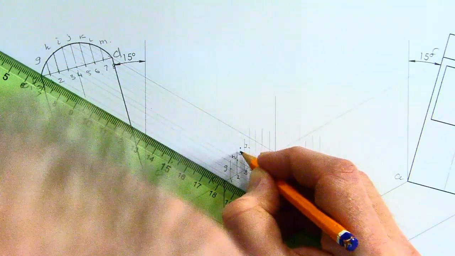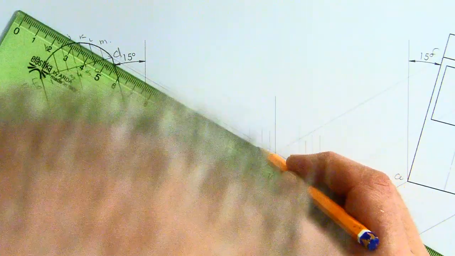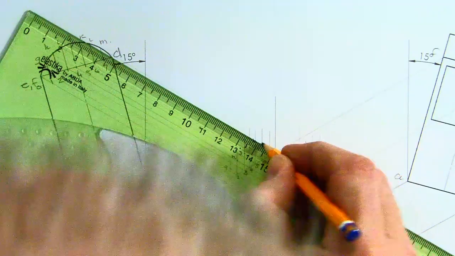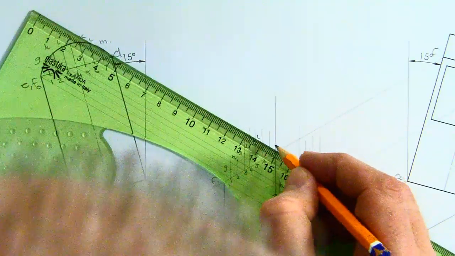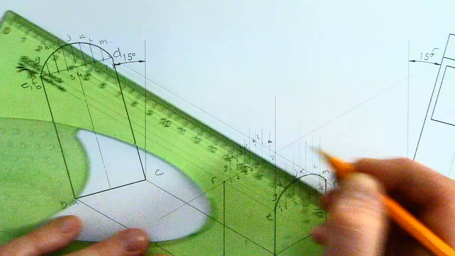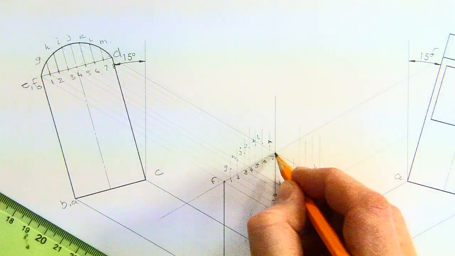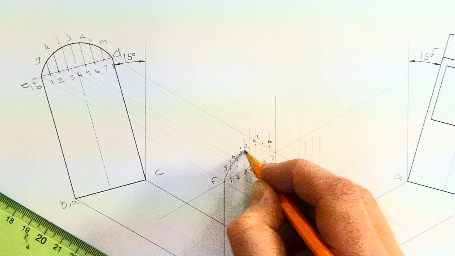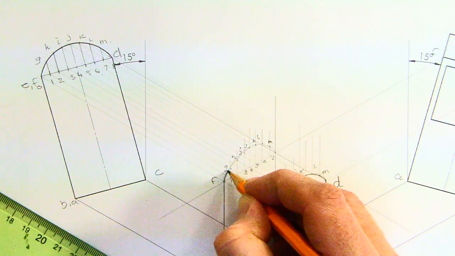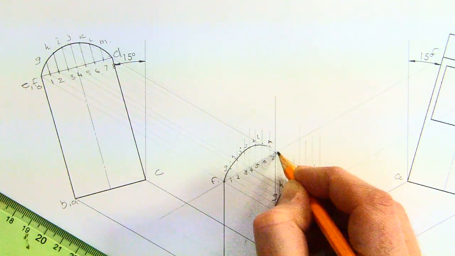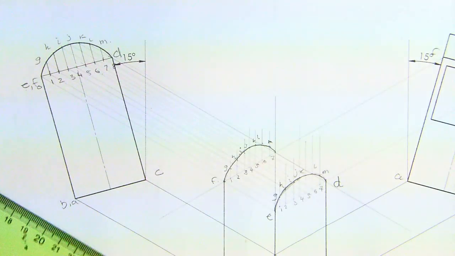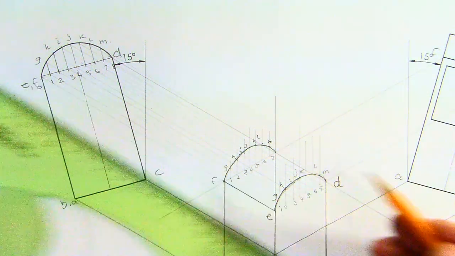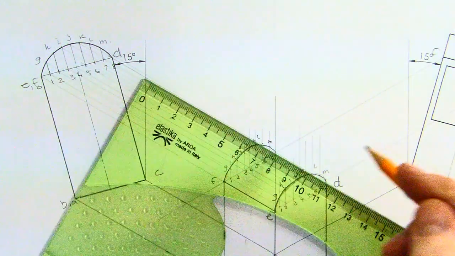That's I. K, L, and M. Now with more points, it might get slightly more confusing. You could have maybe just taken a few less points.